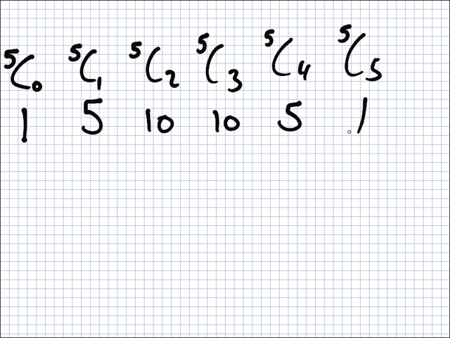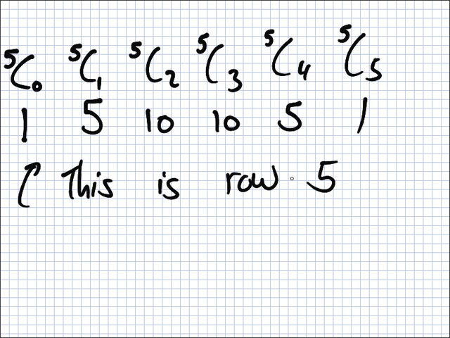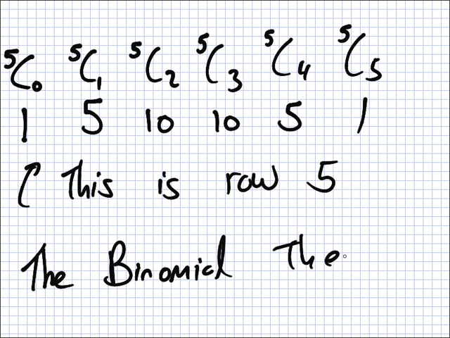Where have we seen this before? This is row 5 on the triangle, isn't it? And this basically gives us, roughly speaking, our result, which is called the Binomial Theorem. Now, I'm just giving you a rough version of it.